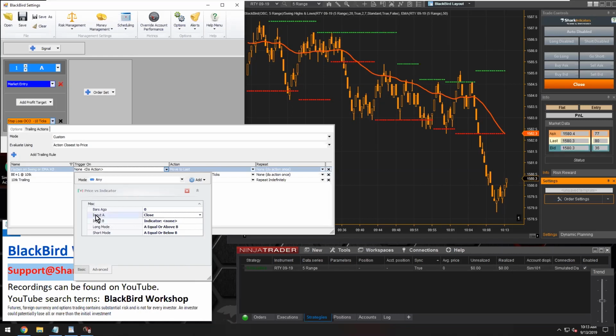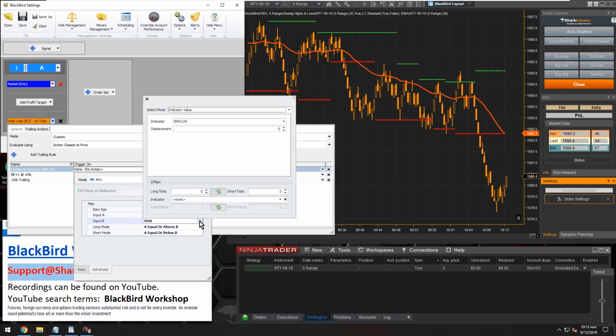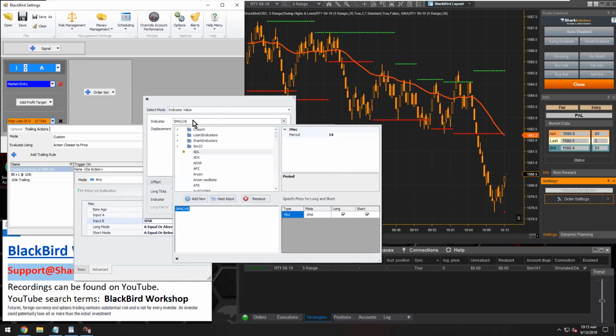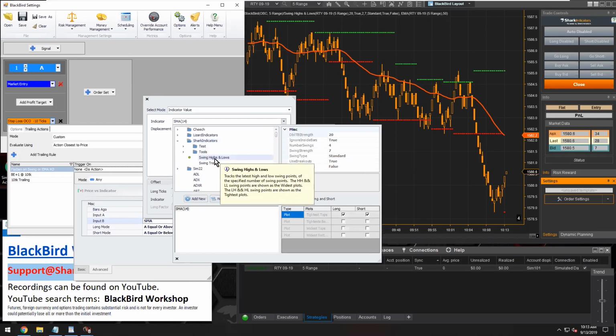So, all right, input A is already set to the closing price of the bar. And then input B will go in here, and we got a couple options. Either we can just go in and load the swings indicator this way, right?